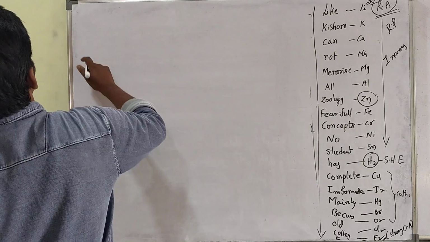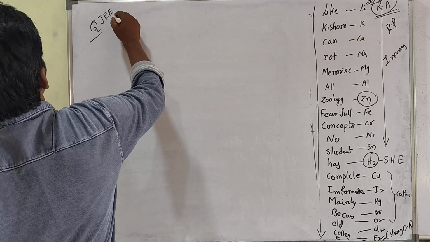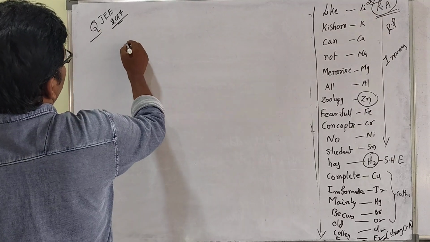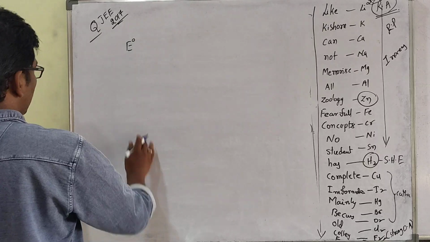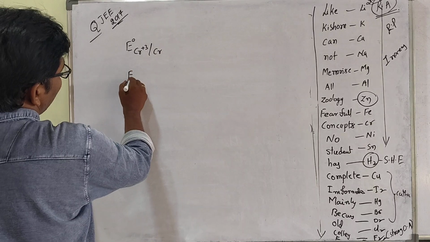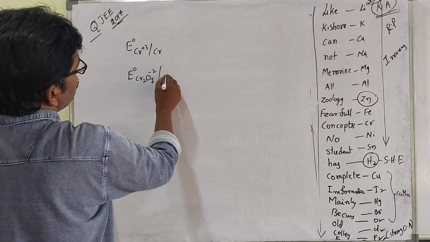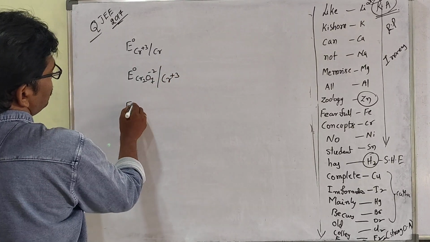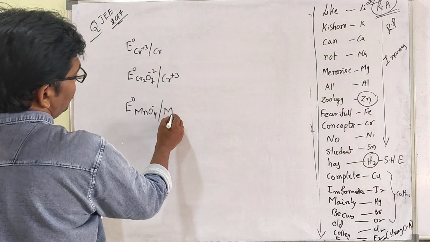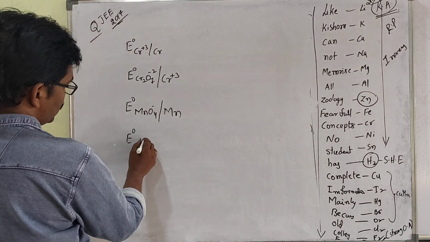One of the previous year questions, JEE 2017. Standard reduction potential values of some elements are given: Cr plus 3 to Cr, E naught of Cr2O7 minus 2 to Cr plus 3, E naught of MnO4 minus to Mn plus 2, and E naught of Cl2 to Cl minus.